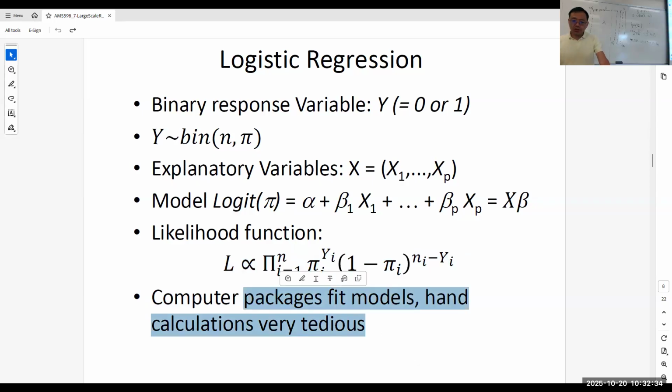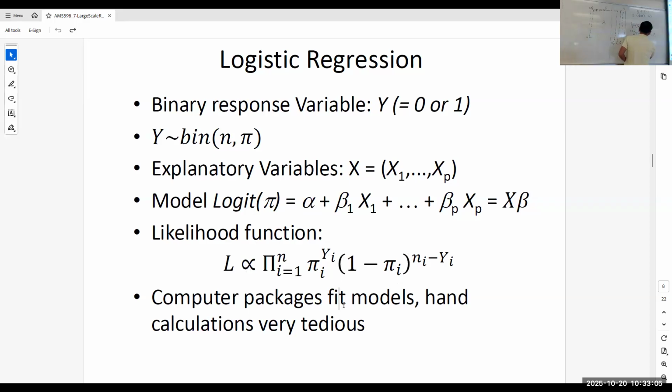Now, one thing I want to show you here. Although we try to maximize the function, we maximize it with respect to beta, not with respect to pi_i. Although the pi_i are listed here as unobservable for each subject, pi_i comes from logit pi_i equal to xi beta.